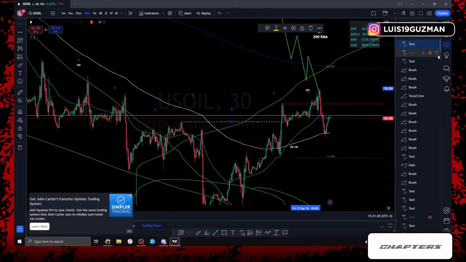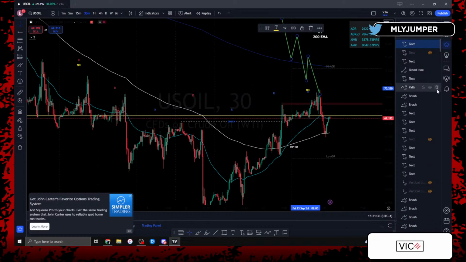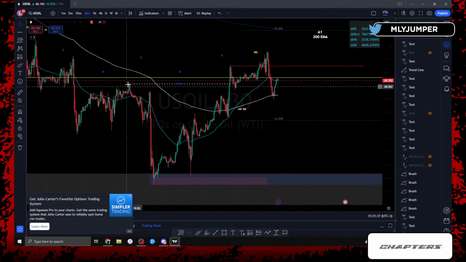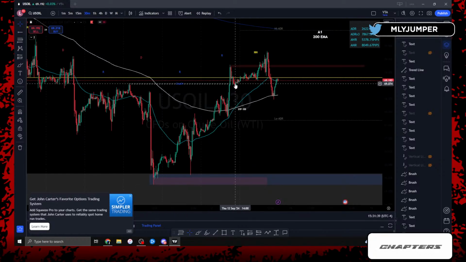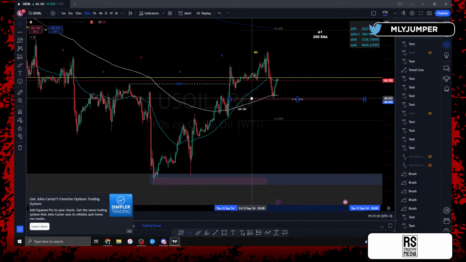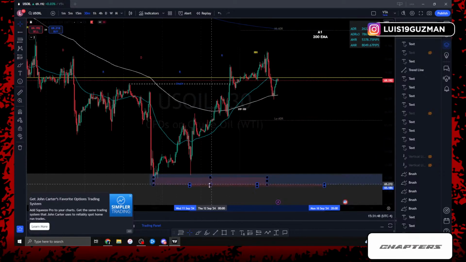Let me delete some of these drawings here. I don't like having all of this on my screen. Right, and we know we're trading lower low, lower high, lower low, higher high, higher low, higher high, lower low. Very tempted to just mark this as one trend and just say that we're trading between this higher high and this low.